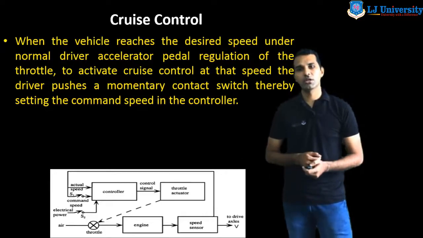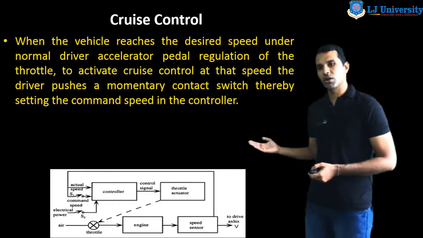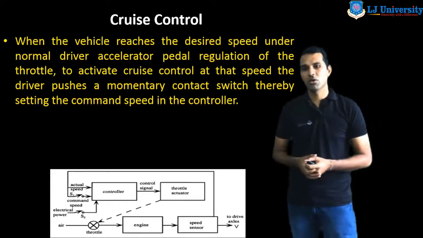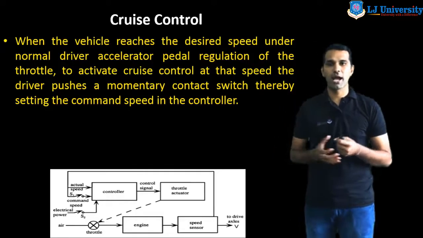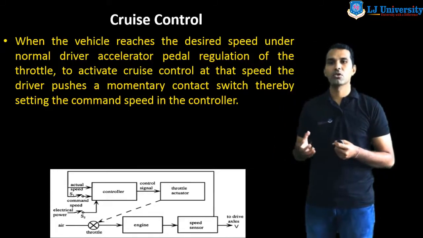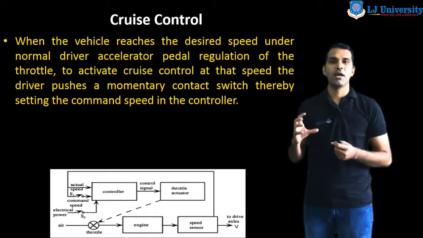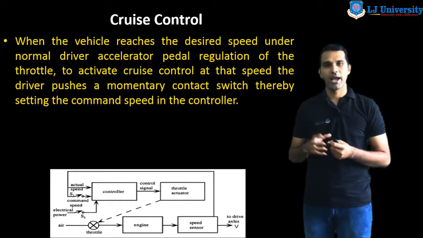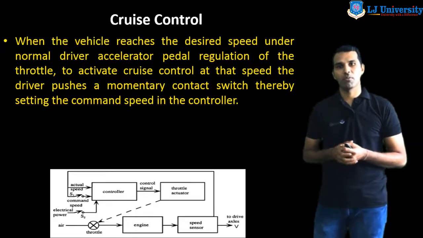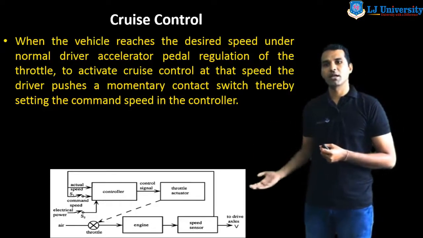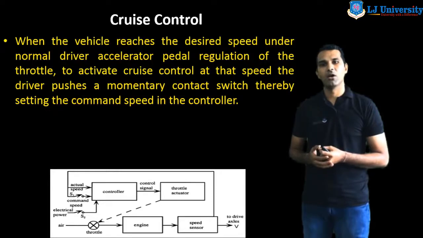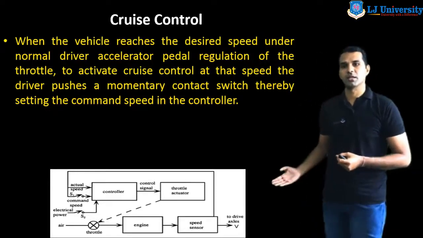This is the controller, and the controller is attached to the throttle actuator. The throttle actuator operates the throttle valve, opening and closing the throttle plate. Then it is connected with the engine, and here we have also used the speed sensor.